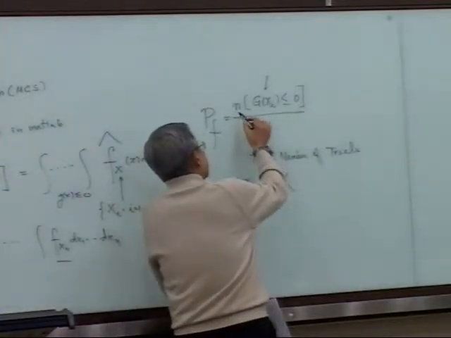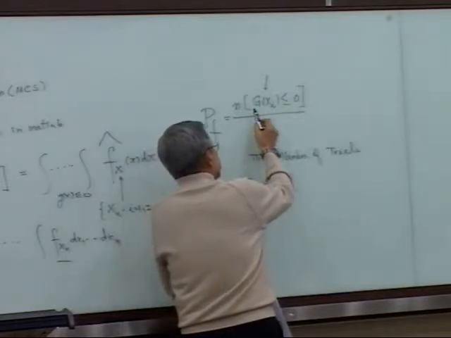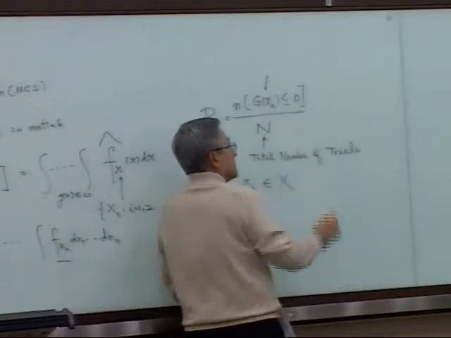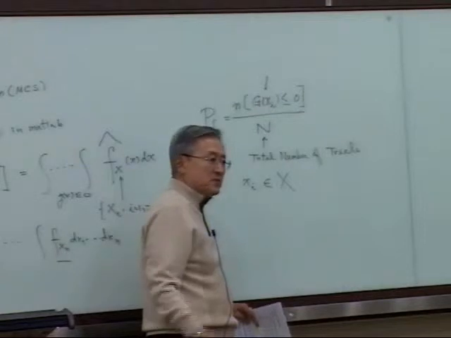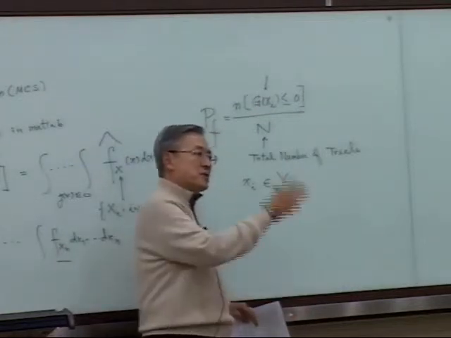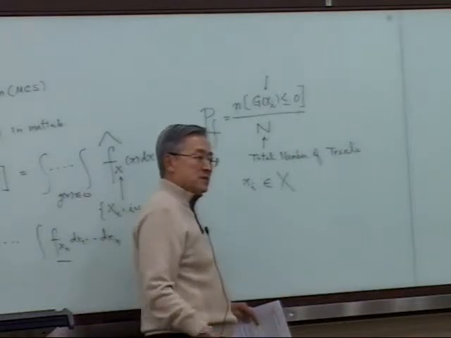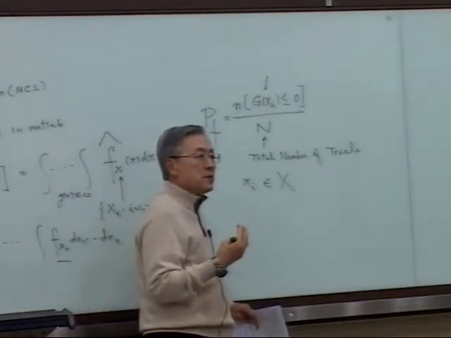And this N is the number of trials which satisfies G less than or equal to 0. You could try 100 times. So the set is of course a random variable.